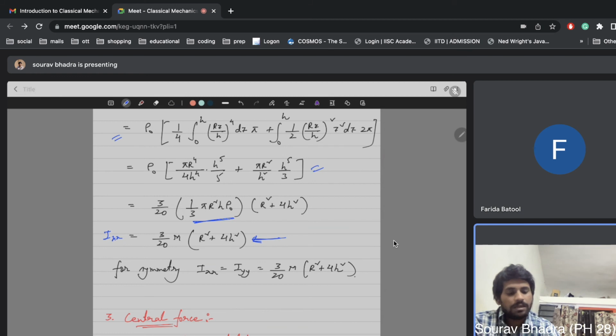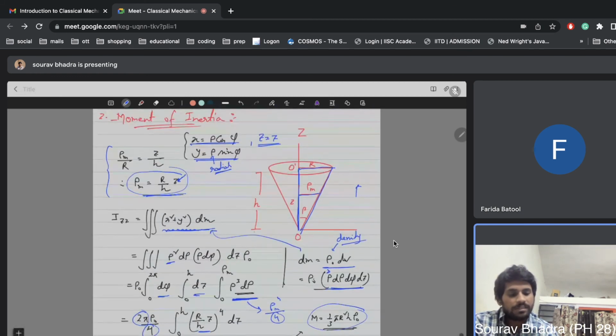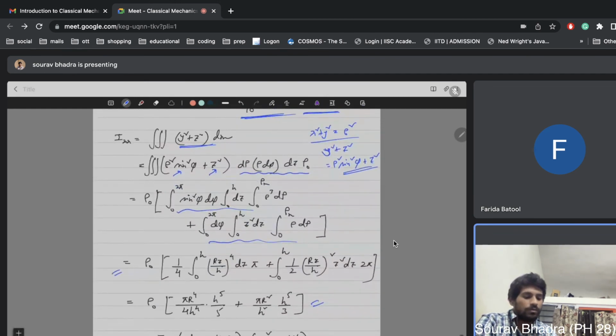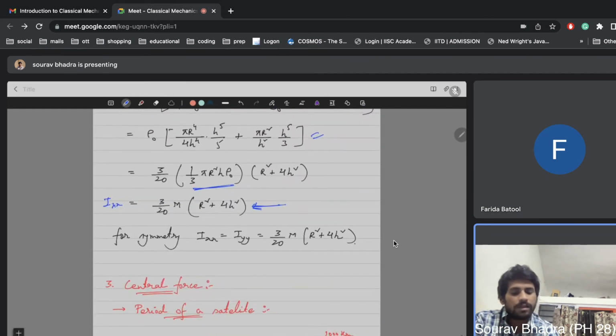And as this body is symmetric with respect to Z, your Ixx and Iyy will be similar. So no need to calculate the Iyy separately. So Ixx equals Iyy equals 3/20 M (R square plus 4 H square). Right? This is the result.